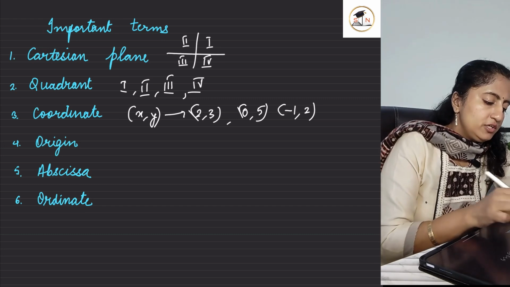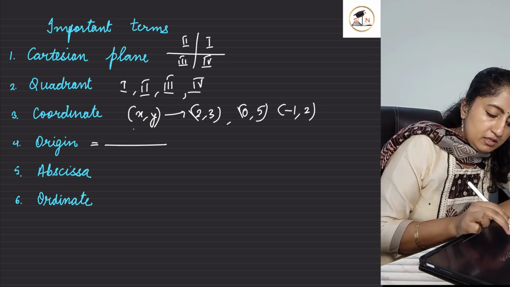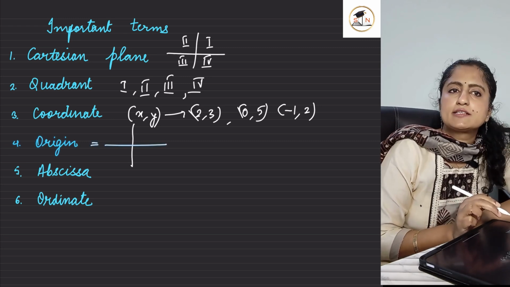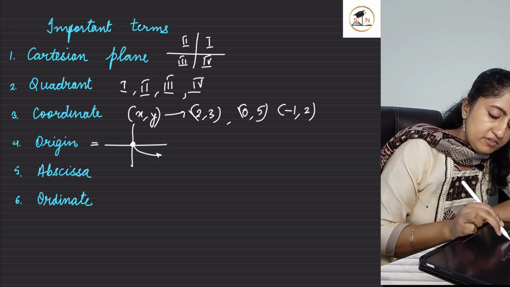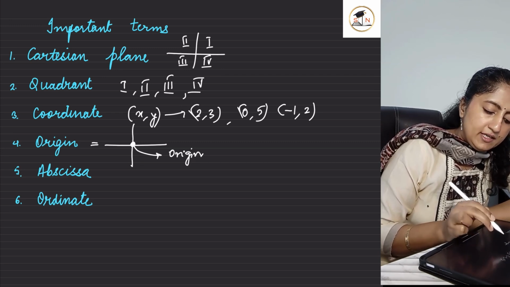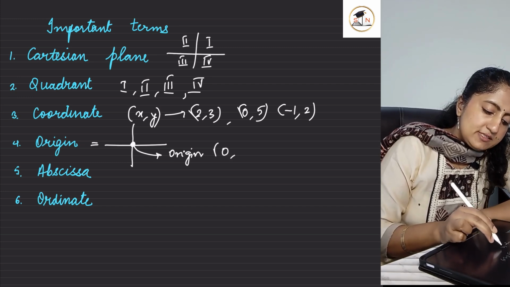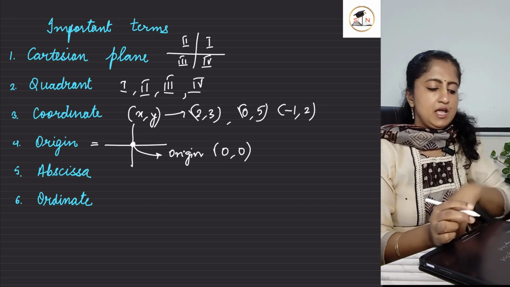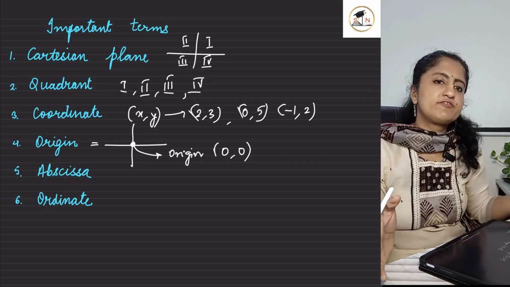Okay. Then origin. What was origin? Origin was where the lines of x-axis and y-axis were intersecting. This point, the intersection point, which we marked as O, is called the origin, right? Along with that, what are the coordinates? It's always 0, 0. Because our x starts from here in the right direction and the left direction.